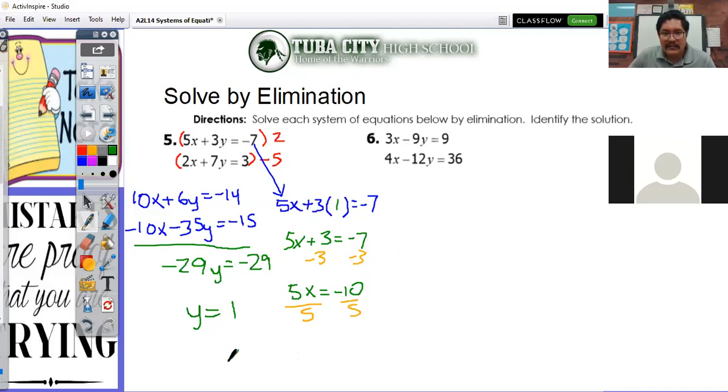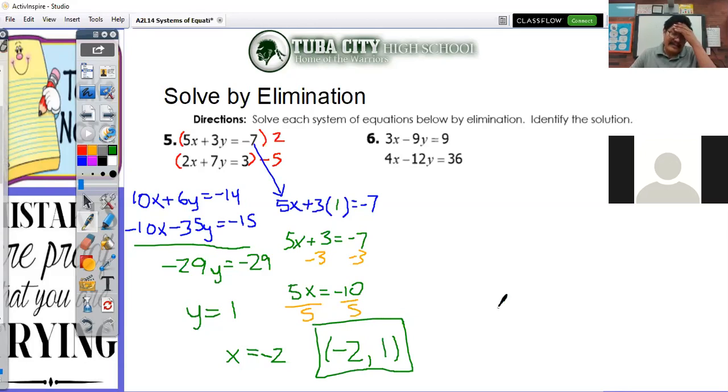And x equals, I'm going to write it off to the side here because I want to put my answer over there, -2. So when I write the ordered pair, again, make sure that you put the x first and the y second. And there we go. Now we have -2, 1 as our answer for that one.